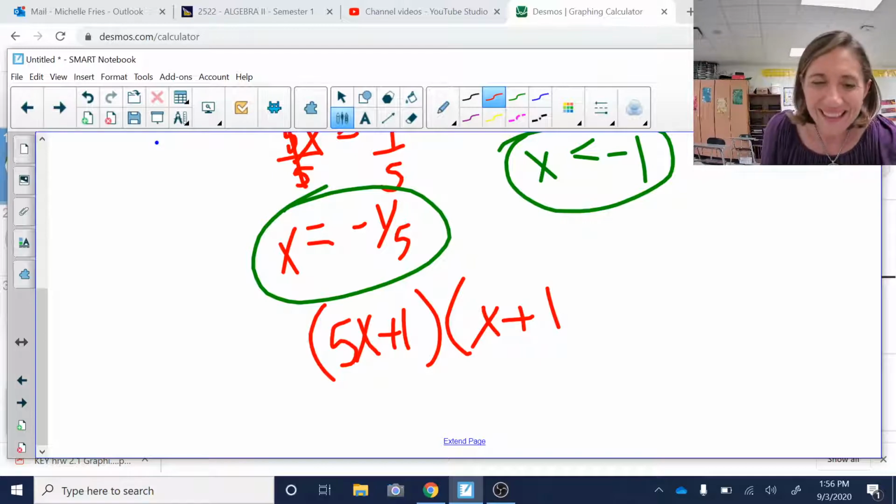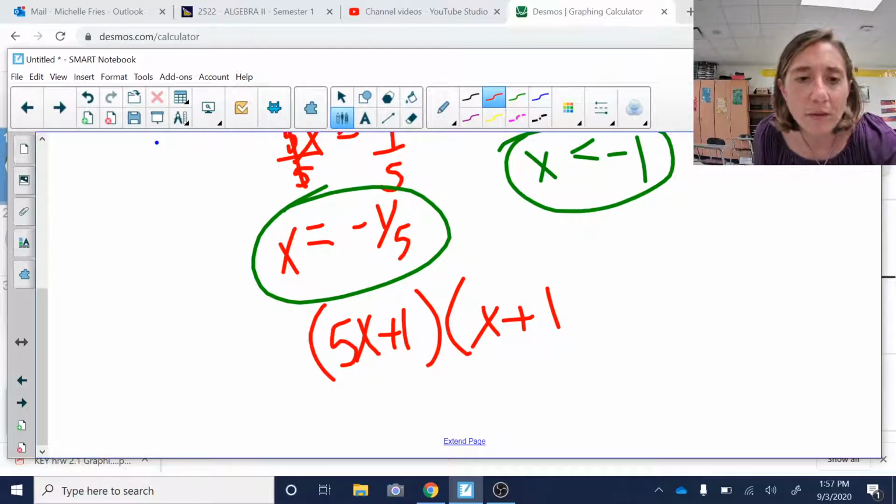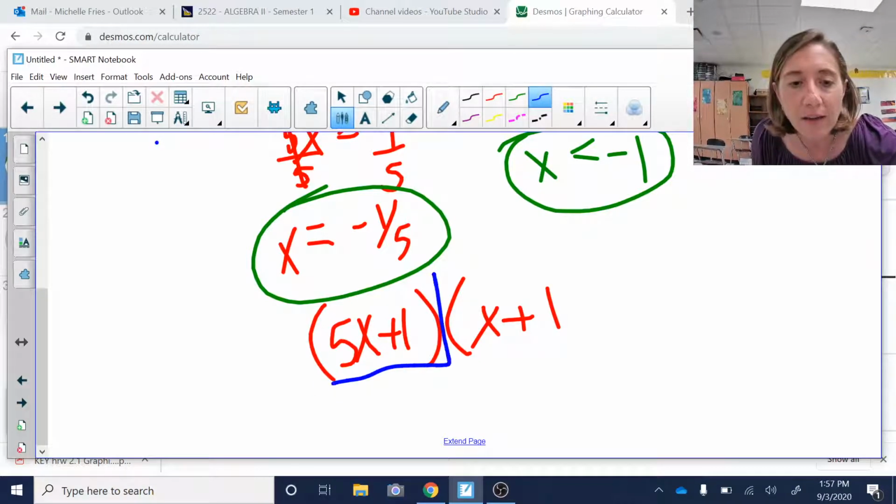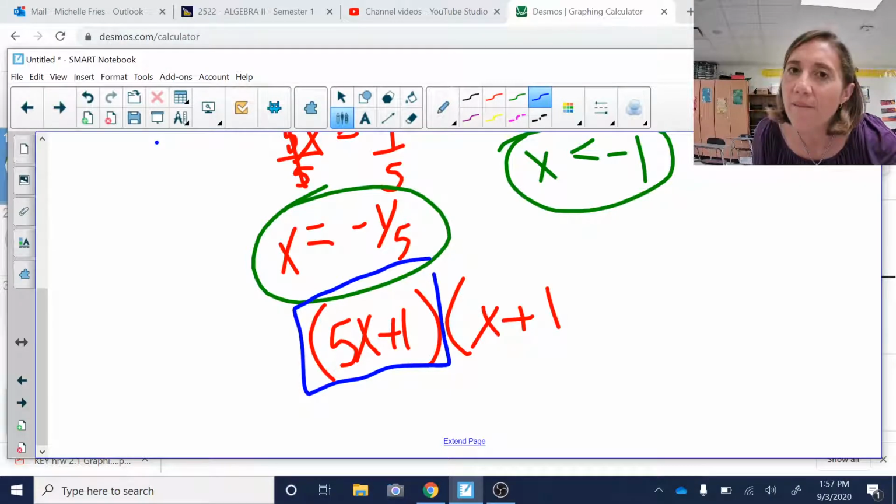So I don't really like that there's this 5 in front of the x in my first term here. It would be nice if it just said x minus something and I could see the coefficient a little bit better. So what we do is we focus in on this factor and say, well, what if we could pull that 5 out front? So I'm going to pull that 5 out front. It's the distributive property in reverse.